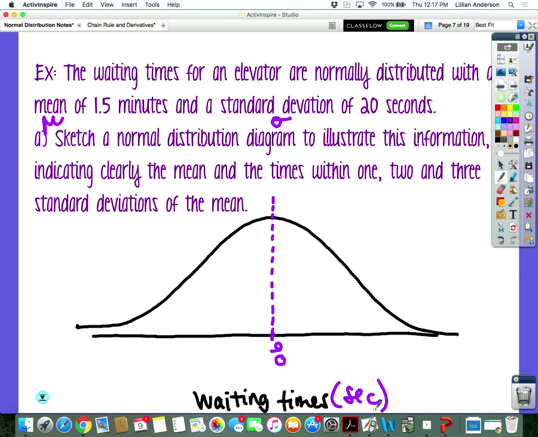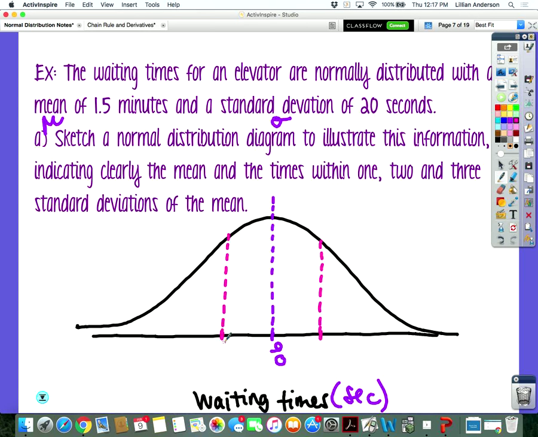Now we're gonna fill in our standard deviations because it asks us to clearly indicate the mean and the times within 1, 2, and 3 standard deviations of it. So 1 standard deviation to the left and 1 standard deviation to the right. Now to find those values, all you do is add 1 standard deviation and then subtract 1 standard deviation. That's what was on the bottom, mu minus sigma, mu plus sigma.